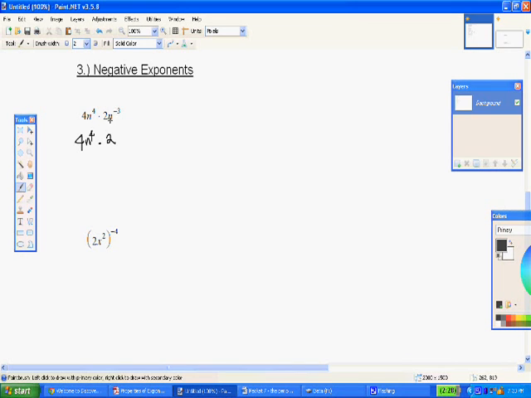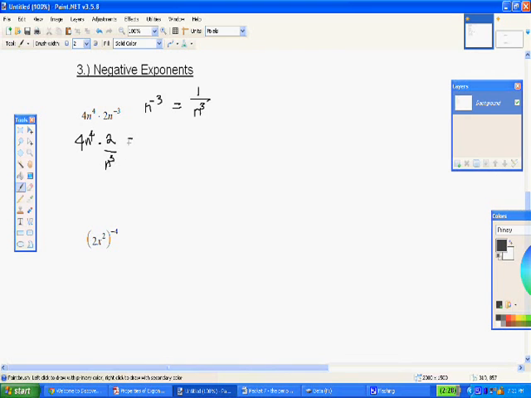But since we have n to the negative 3, the negative 3 is actually saying that it's 1 over n to the 3rd. So whenever you see this negative exponent, it's 1 over that. So to write 2n to the negative 3, I'm going to write 2 over n to the third.